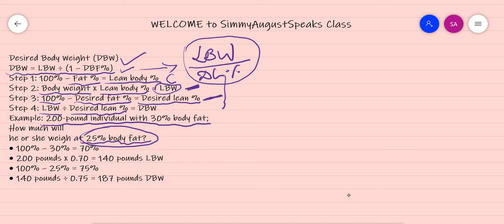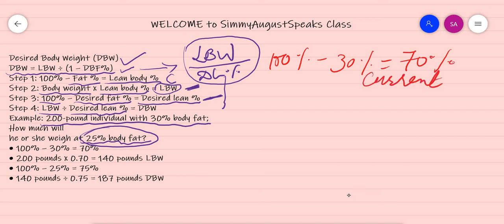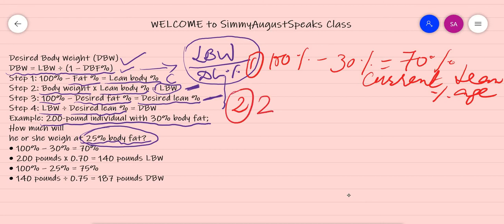Now the first step will be, from 100% you will minus the 30% and you will get 70%, which is your current lean percentage. Second step is to multiply the current body weight of 200 by the current lean percentage which we got in the first step.